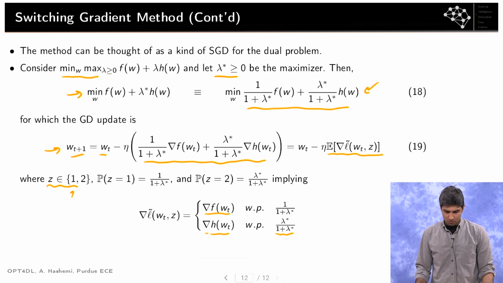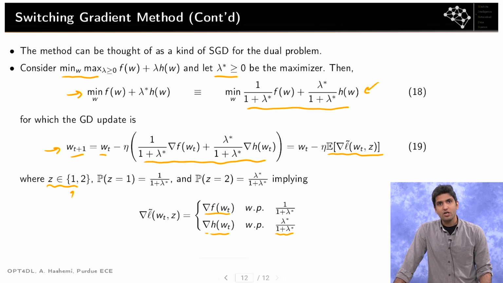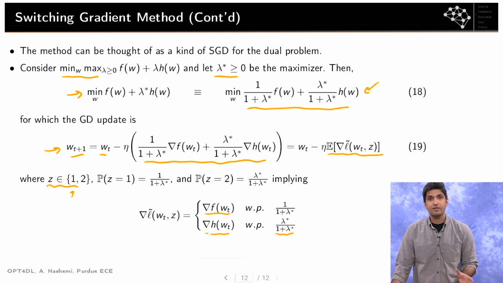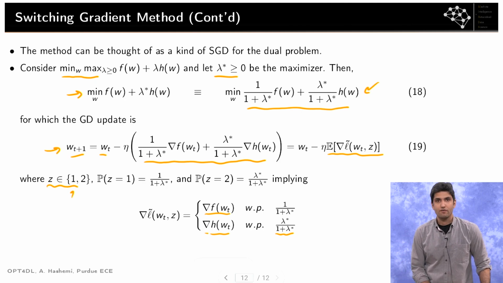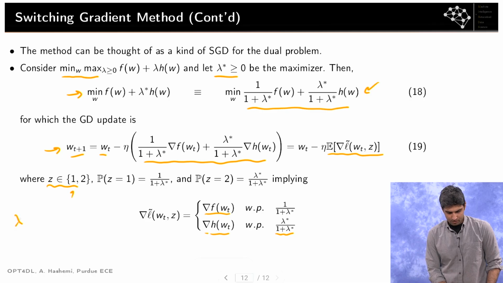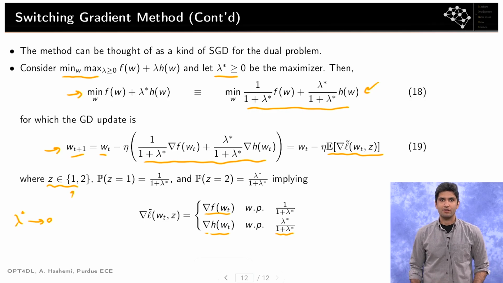In SGM, as we talked about, depending on how much we are in violation of the constraint, we're going to use either the gradient of the original objective f or the gradient of the constraint. If we are infeasible, we use the gradient of the constraint. If we are feasible, we use the gradient of the objective. We can associate these two cases with the value of lambda star. When lambda star is near 0, that means we have a solution that is feasible.